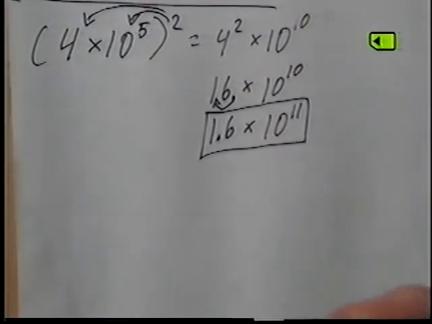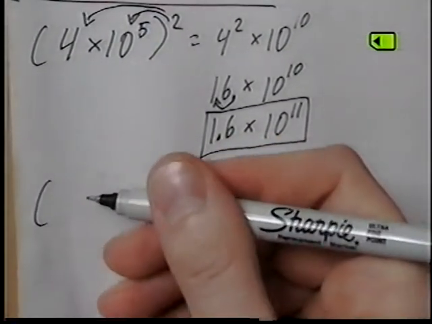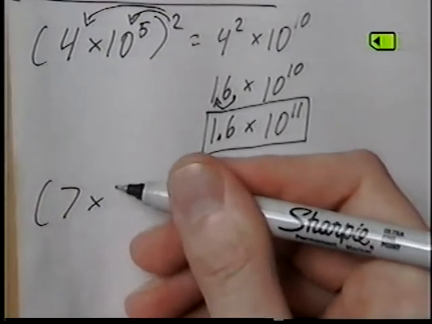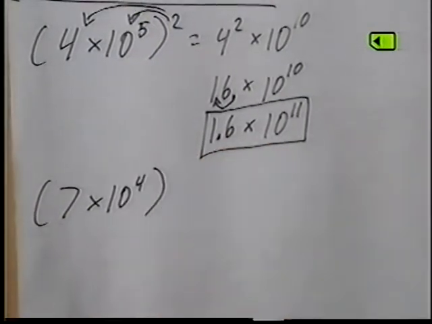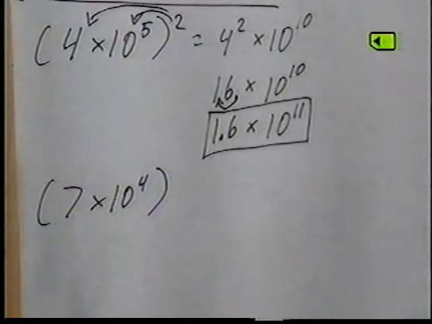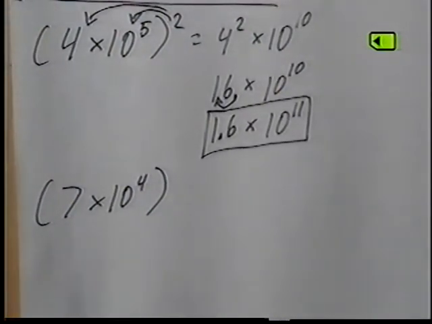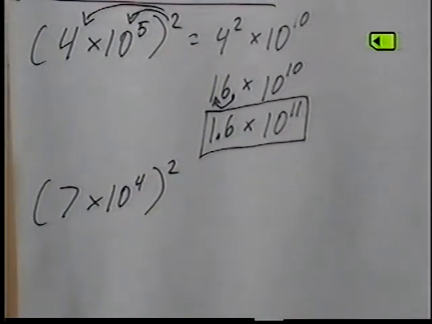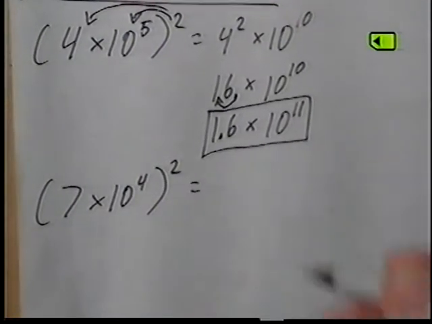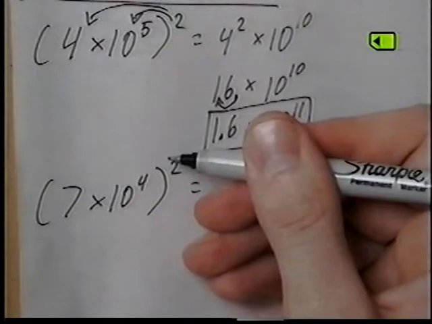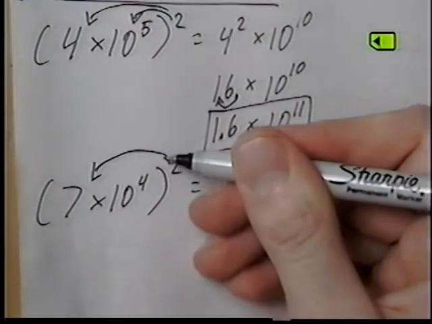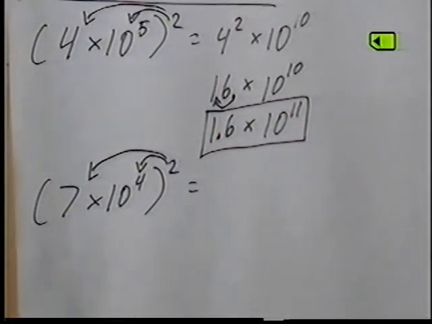Second question. Inside parentheses, 7 times 10 to the 4th, which is a number in scientific notation. You have the second power on the outside. Same idea, this exponent goes to each number and each term on the inside.